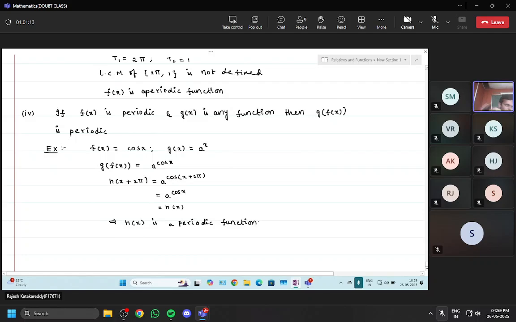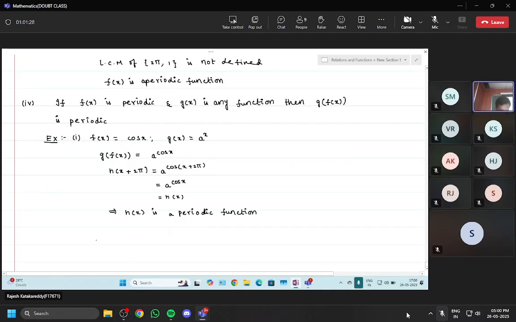May or may not, not necessary, no. A power x is not periodic, I have taken. You can take one periodic as well. Now, another example I am taking. Here you may be arguing, sir, the fundamental period is the same. Now, I'll give you an example where the fundamental period is not the same. Let's take f of x is equal to sin x and g of x is equal to modulus of x.